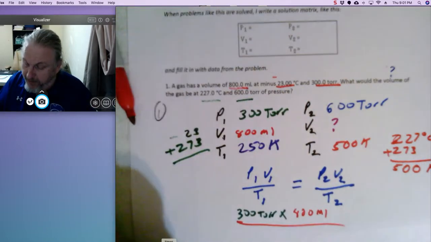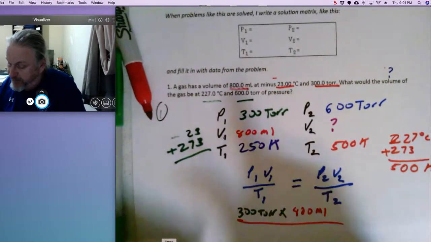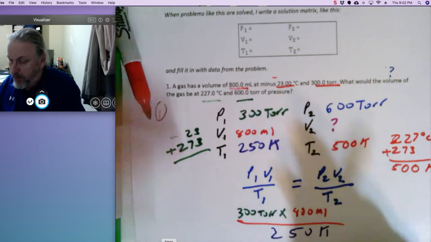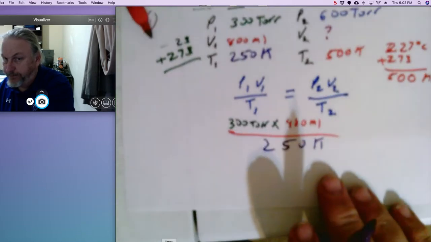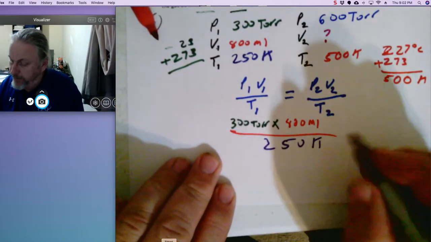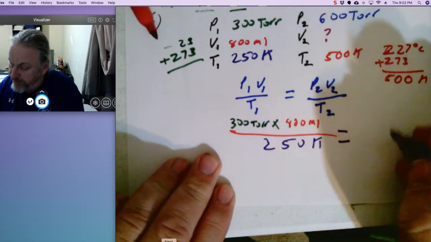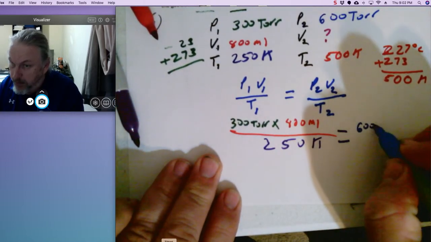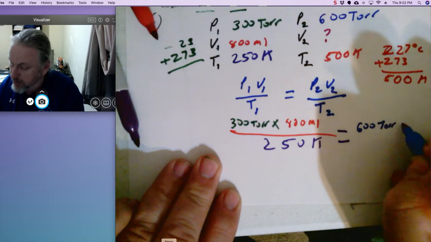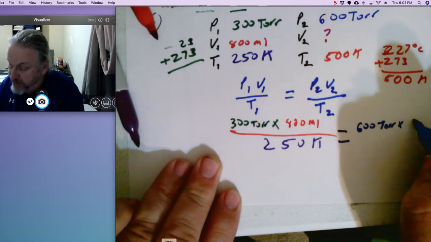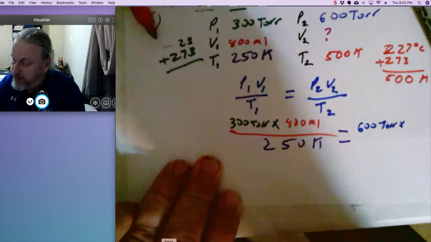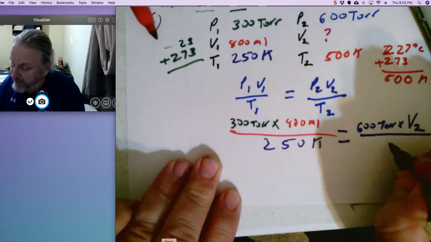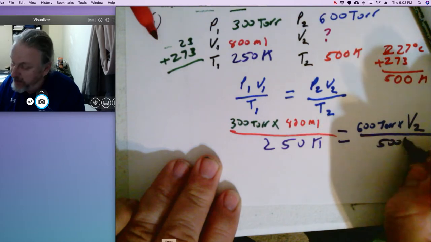And in the denominator, let's put that 250 K. Equals the final pressure, 600 torr, times V2. I don't know what that is, so I'm just going to put down V2. And then the final temperature is 500 K.